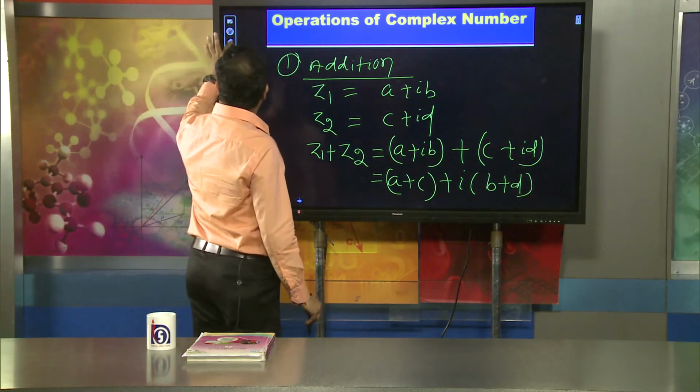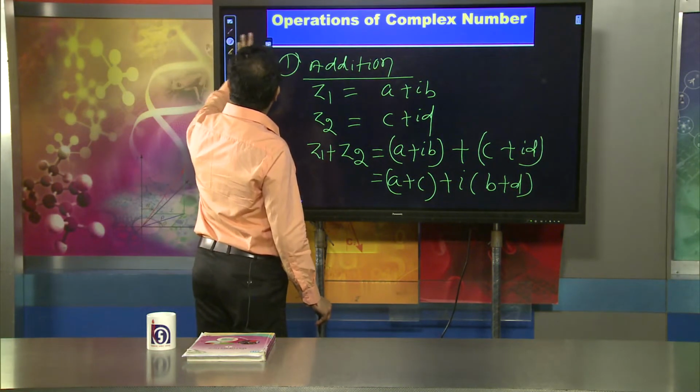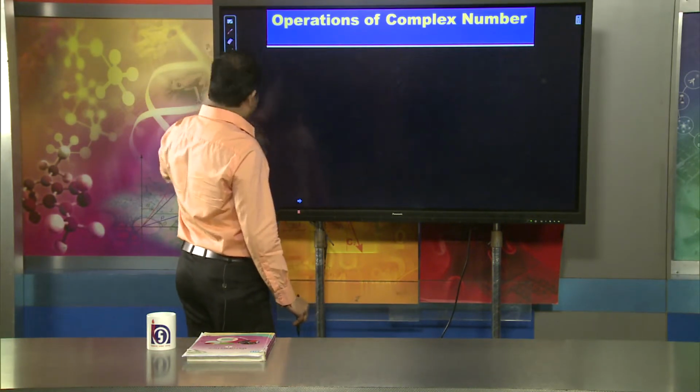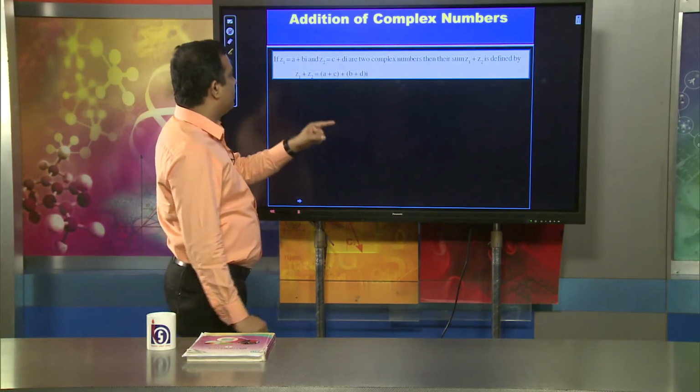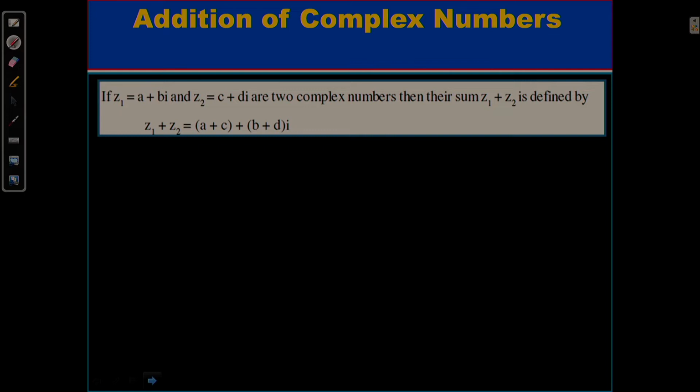Let me take an example. Remember, one thing is very important: when talking about the addition of two complex numbers, their sum is defined by Z1 plus Z2 equal to A plus C plus i times B plus D. For example, suppose Z1 is equal to 2 plus 3i.